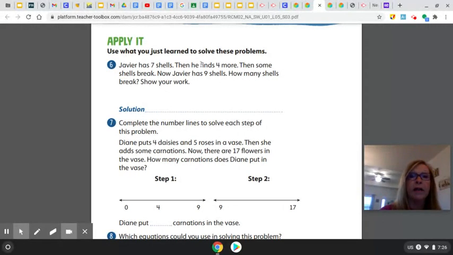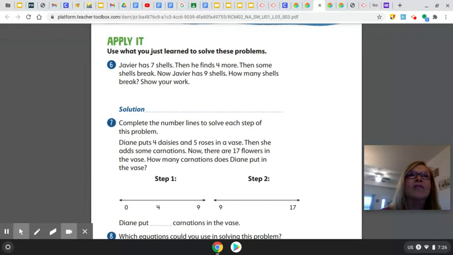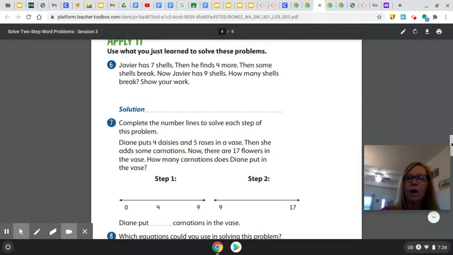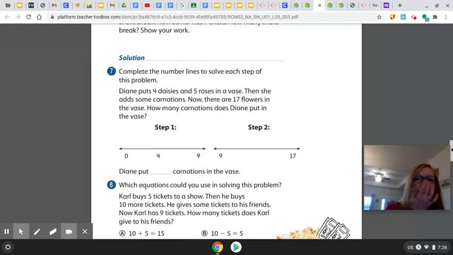You put that together to find out how many he has. Then we know some are going to break. The answer that it equals up with is 9 shells, but I want to know how many broke. So play around with your number, make your picture, make a number bond, bar model, see if you can figure it out that way.